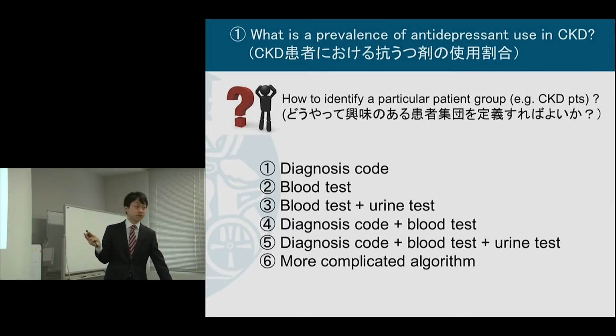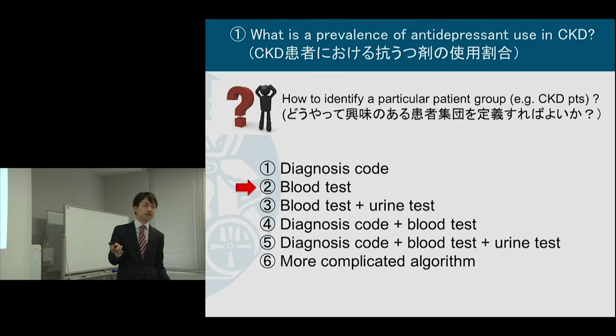And in the case of chronic kidney disease, diagnosis is kind of notorious for its low sensitivity. So if available, I wanted to use these biochemical information such as blood test and urine test. And my decision was blood test. And I didn't decide to use urine test, mainly because, of course, urine test is very attractive to identify proteinuria.